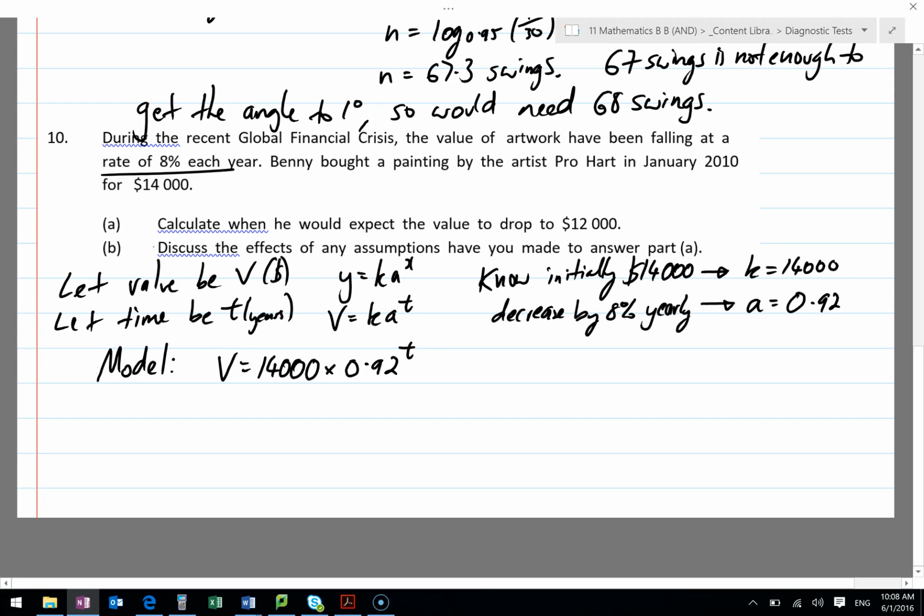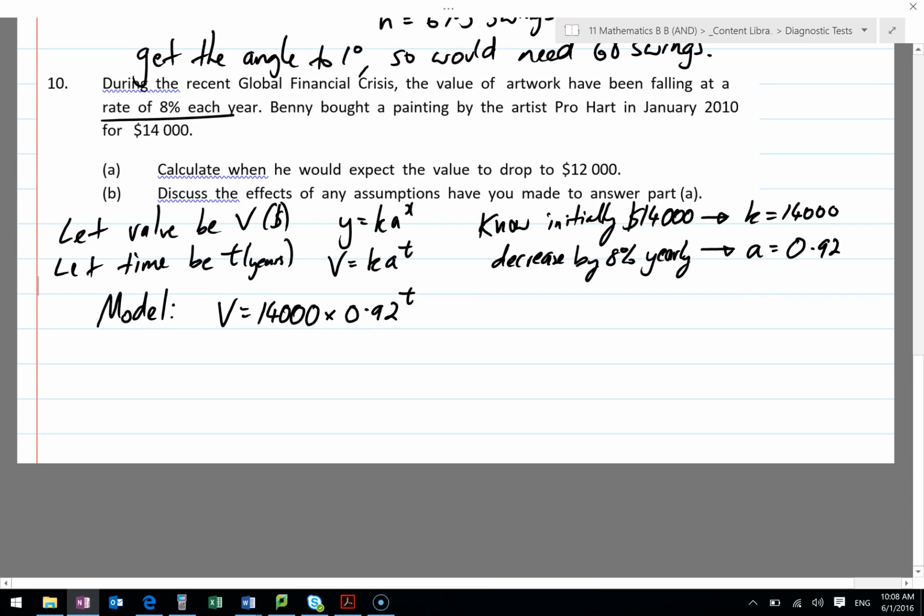So calculate when we would expect the value to drop to 12,000. Okay, so I haven't even done part A yet. So basically finding t when the value is 12,000. So I'll sub in v equals 12,000.